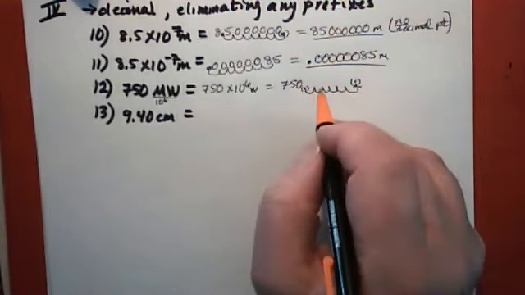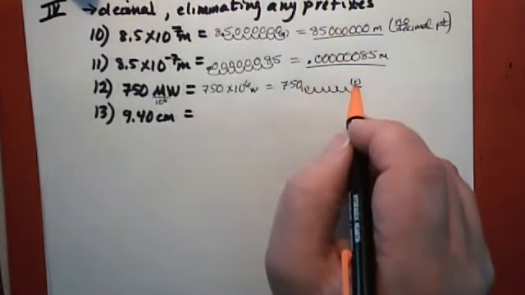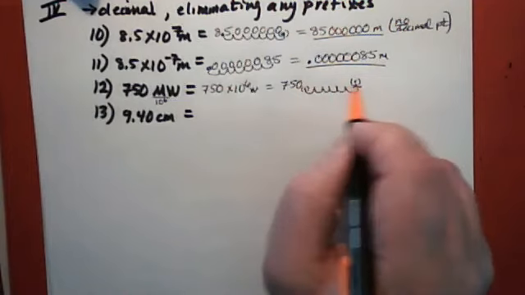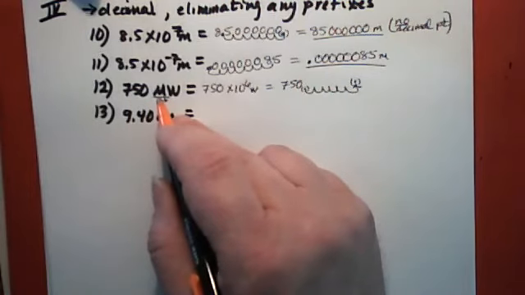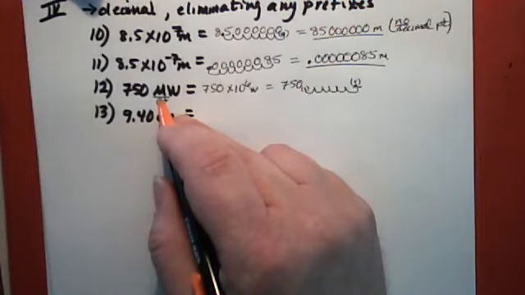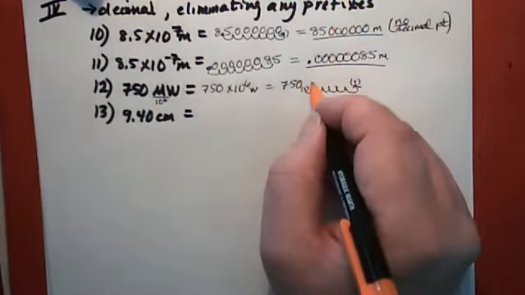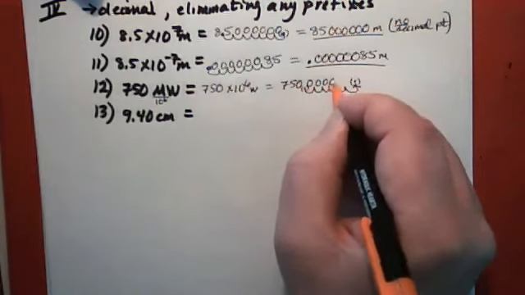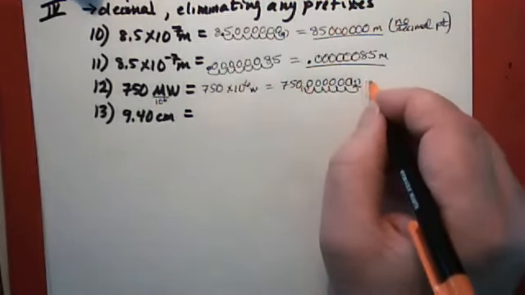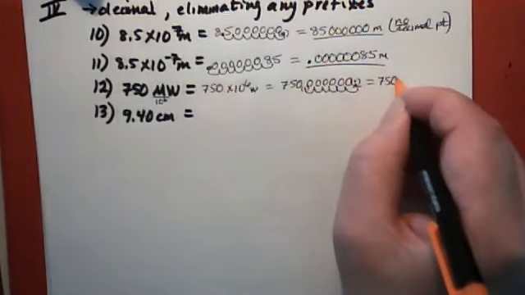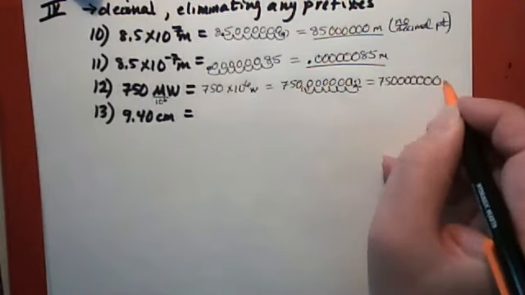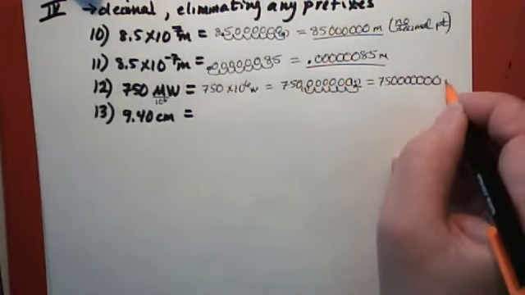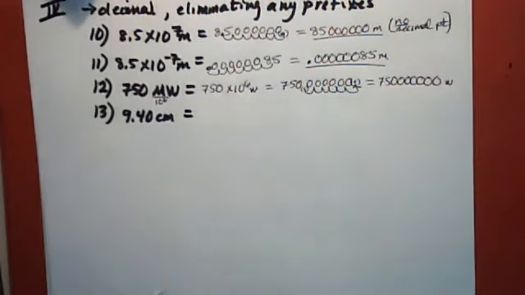But again, since we're talking about the end of the number here, you don't actually want to write that decimal point in, or all those zeros count. And we only want a 3-digit number. Okay, so 750 followed by 6 zeros, watts, with no decimal point.